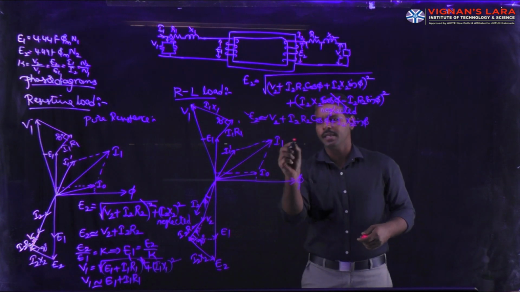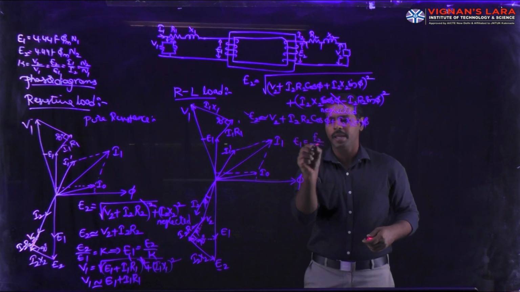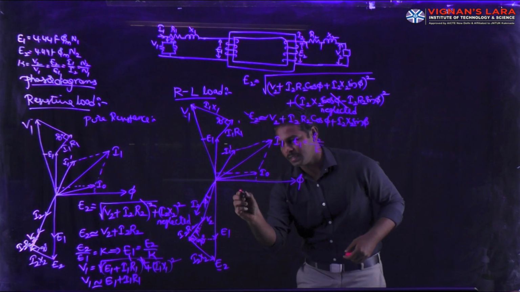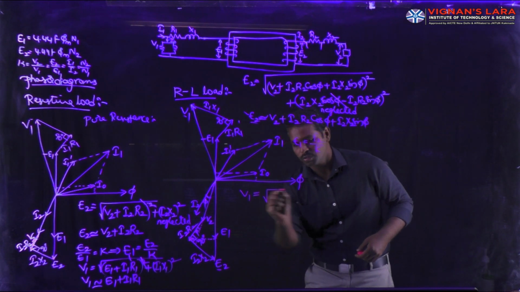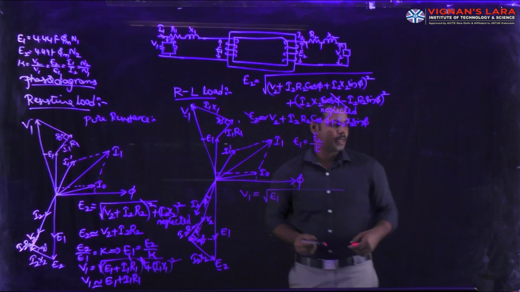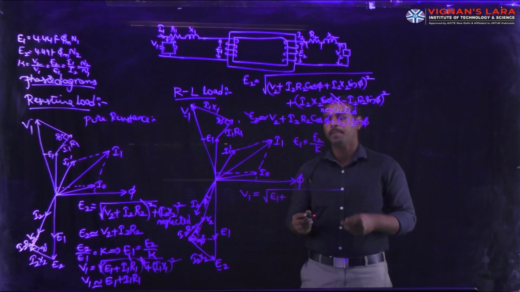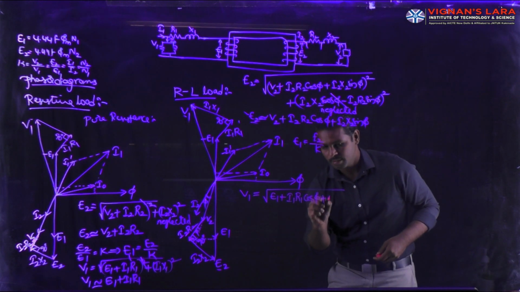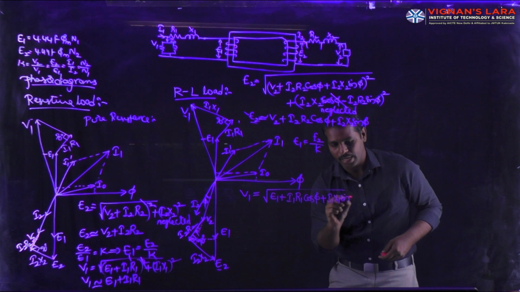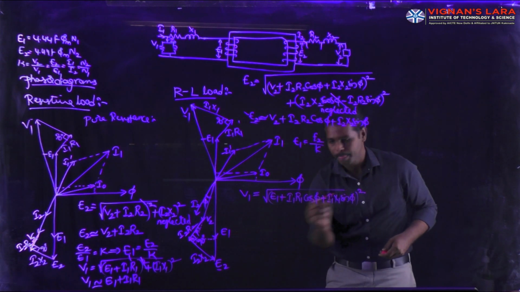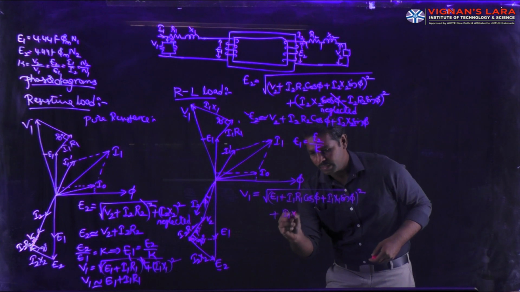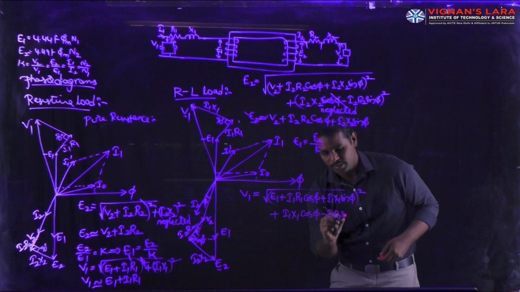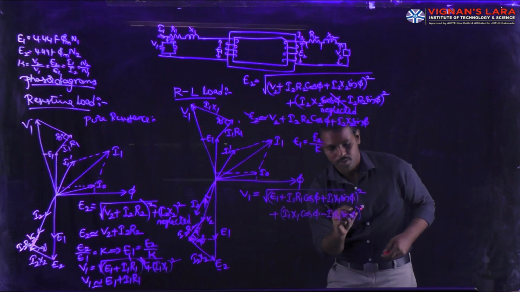The second one is the V1 value. Similarly, E1 is equal to E2 divided by K. Then V1 is equal to the square root of (E1 plus I1 R1 cos phi plus I1 X1 sin phi) whole squared, plus (I1 X1 cos phi minus I1 R1 sin phi) whole squared.